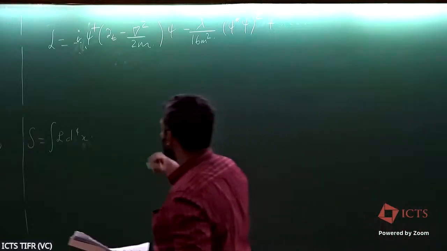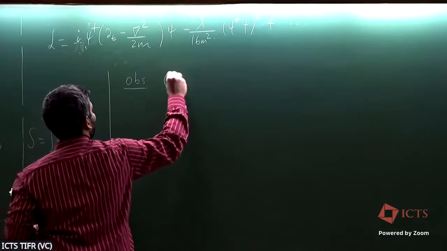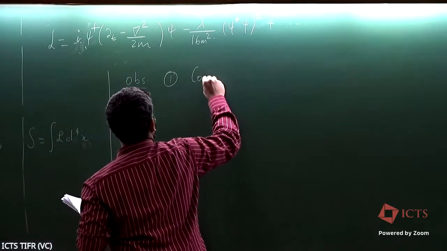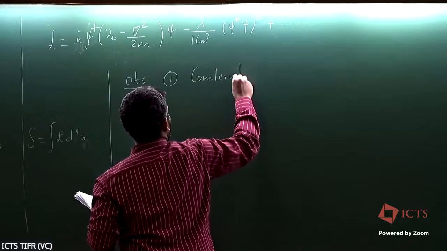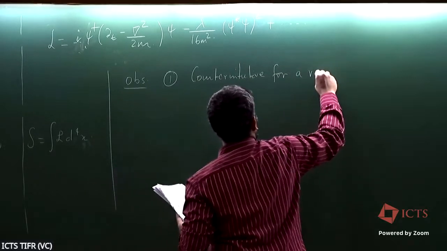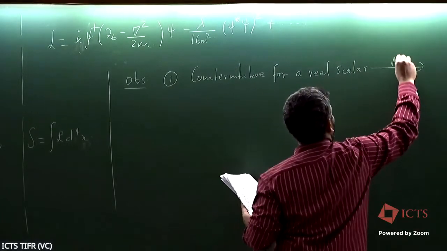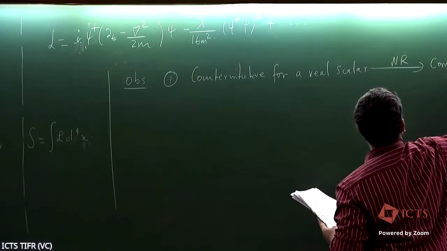So an observation that I would write is it's counterintuitive for a real scalar non-relativistic limit to go to a complex scalar.